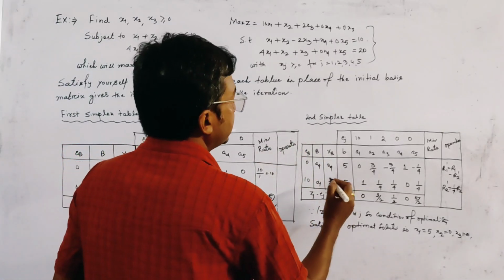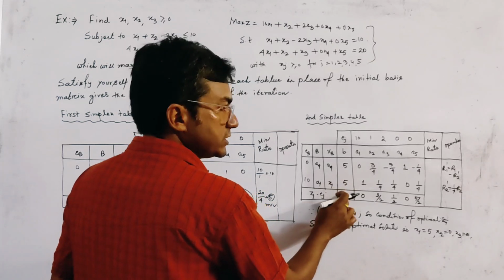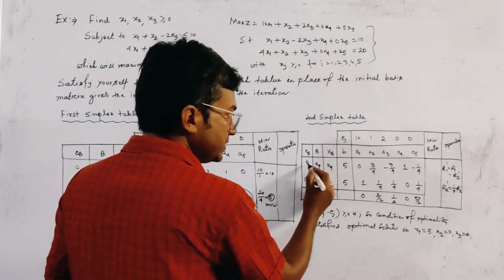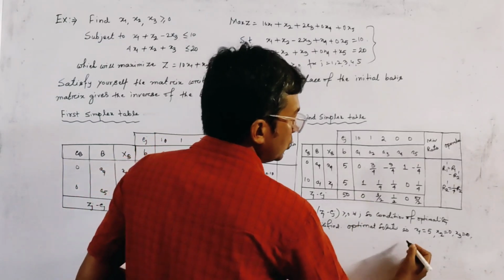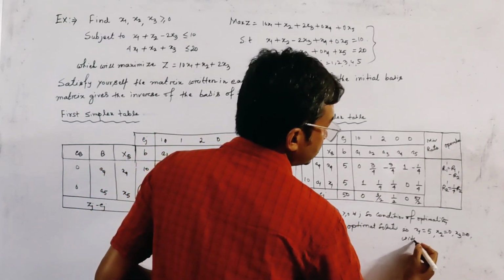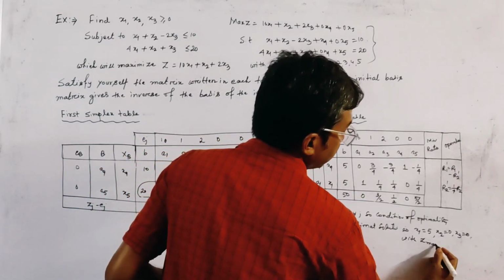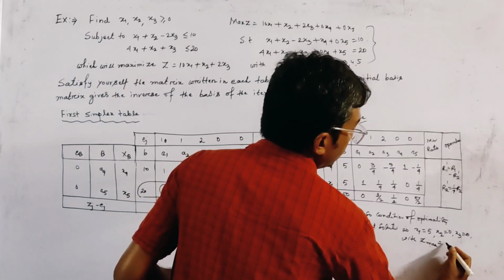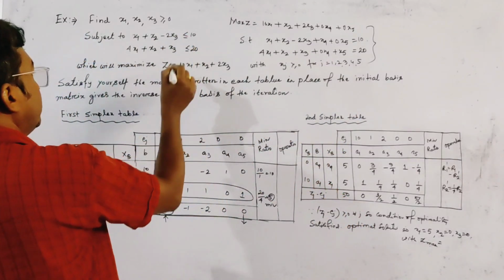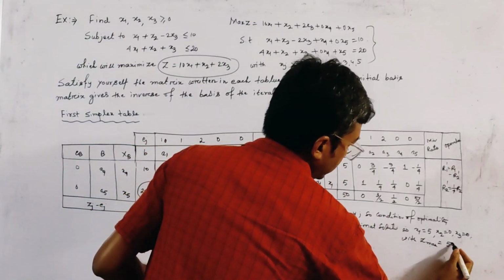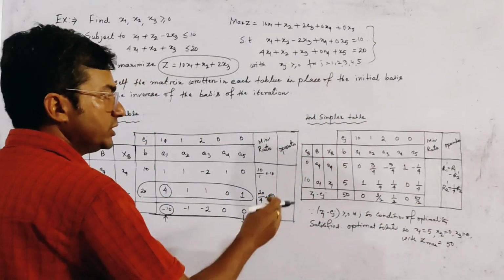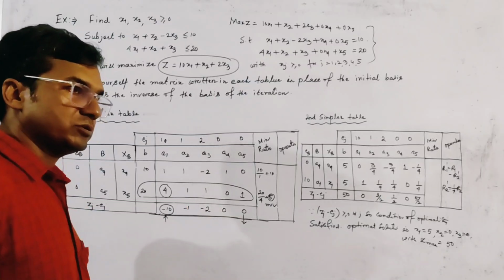Now fill this cell: 0 into 5 plus 10 into 5, this is 50. So z max, the maximum value of z, is 50. This is the solution of the problem by the Simplex method.